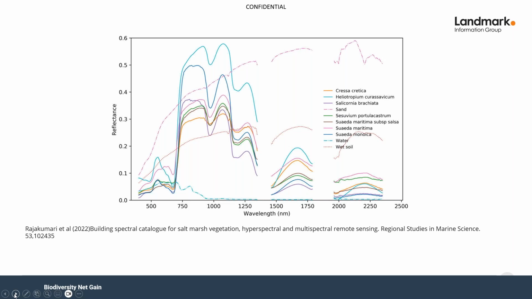That allowed the researchers to determine the species composition. This is a salt marsh with very few species, but looking at the remote sensing images, they were able to ground truth and achieve an accuracy of greater than 75%.